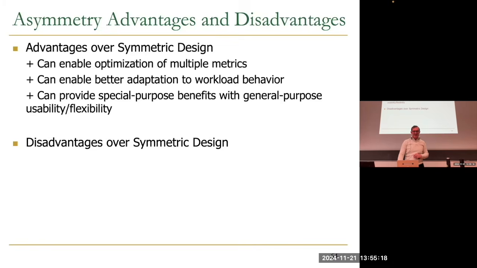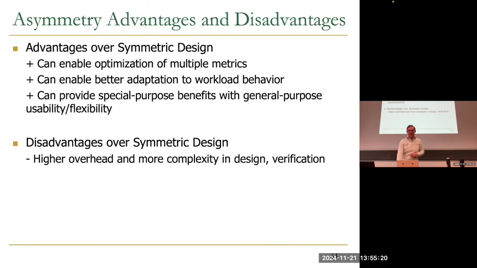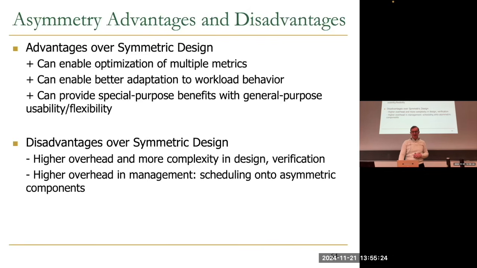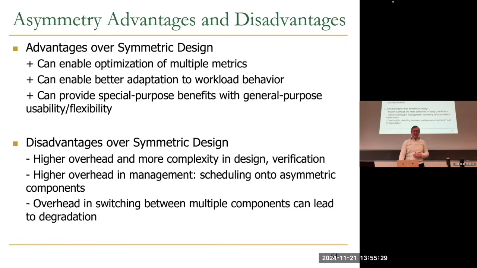But there are also disadvantages we've discussed, and overhead and complexity in design and verification is inescapable, I think. There's higher overhead in management, scheduling onto asymmetric components. And there's also overhead of switching. If you want to switch between components, okay, I execute this workload over here, but maybe now it should be executed over here for whatever reason, because it went into a phase that is a better fit for this type of core or cache or memory.